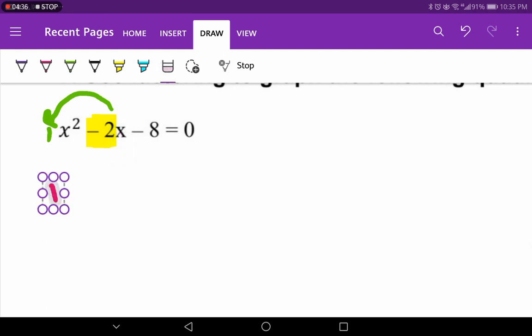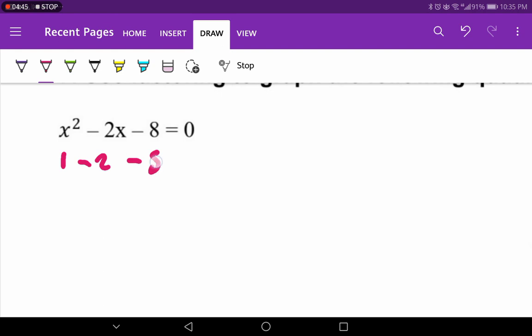Then I do my calculation on my small calculator. Here it gives 1, it gives negative 2, and the negative 8 comes down. The answer is negative 9. So, my dear student, my vertex is 1 and negative 9.